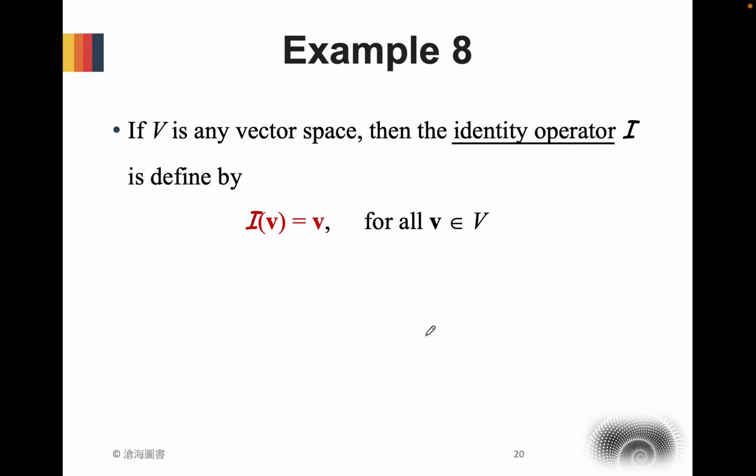So let's see one more example. If V is any vector space, then we define a very special transformation called the identity operator. That means when we input the vector v and apply the identity operator, the result is equal to the input, for all v in the vector space.